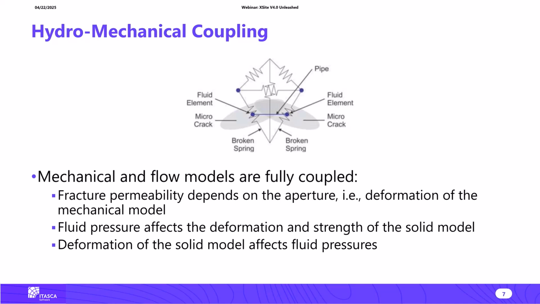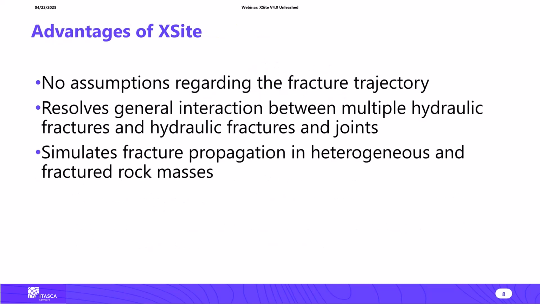On the other hand, the fluid pressures affect the strength, and changes in fluid pressure also cause the deformation of the mechanical model, while at the same time the deformation of the solid model affects and causes the changes in the fluid pressure. So what are the advantages of XSite?